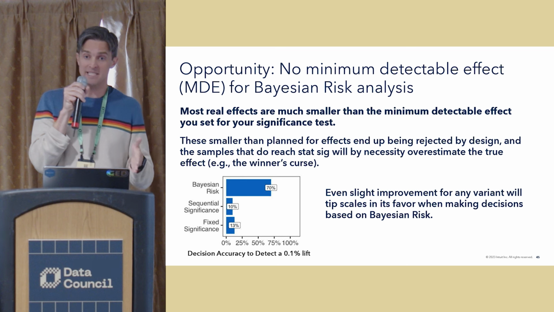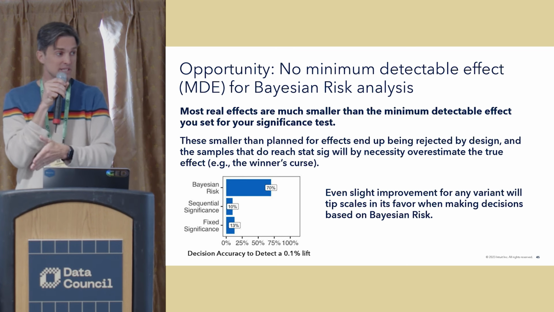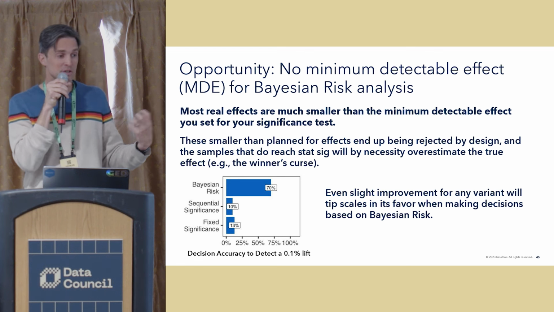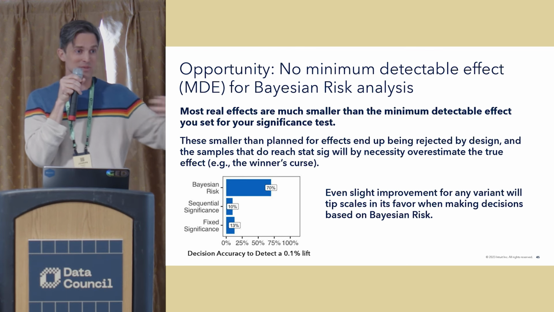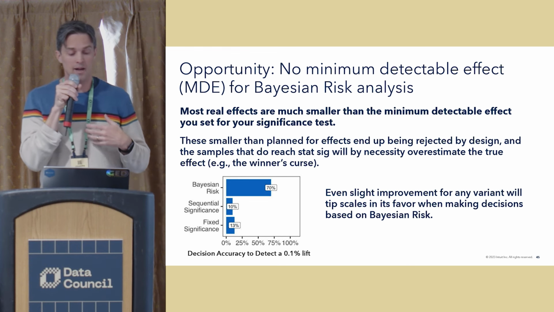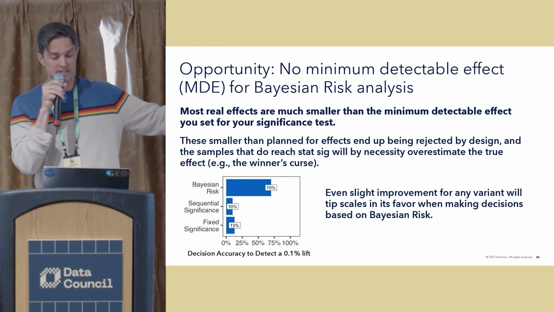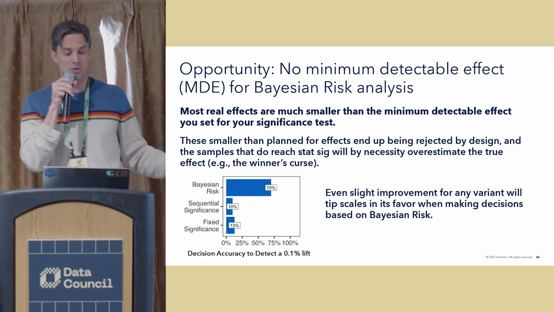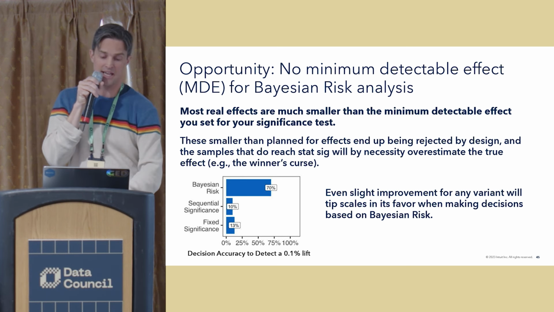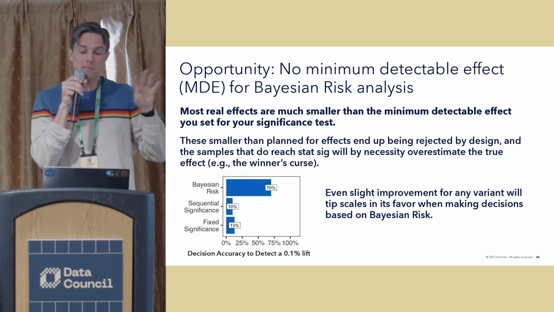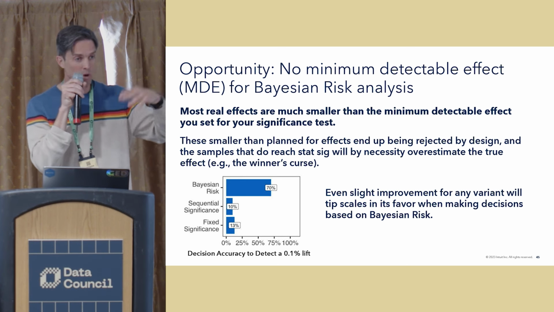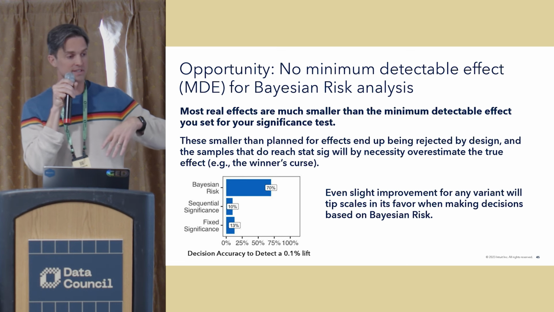If you have an underpowered test, the only samples that will be statistically significant are the overestimates. And then everyone clutches their pearls when, as the sample grows after release, the effect starts rolling back towards 0. But as from that earlier example I gave about detecting a 1/10 of a percentage point lift, you can still get 70% decision accuracy in Bayes. Even a slight improvement for any variant is going to tip the scales in its favor, because on average these are going to be the lower risk decisions.